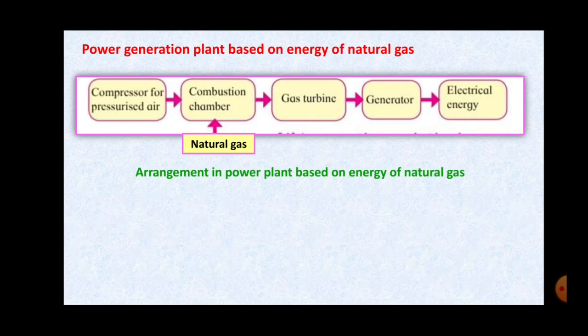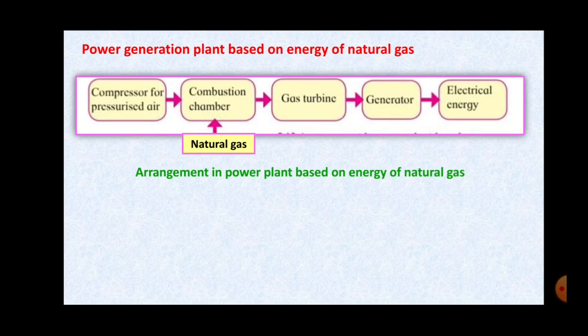Now there are three main sections in this plant. The first one is the combustion chamber, where the pressurized air is introduced into the combustion chamber using a compressor, right? And then in this combustion chamber, the natural gas burns in the presence of air, right?